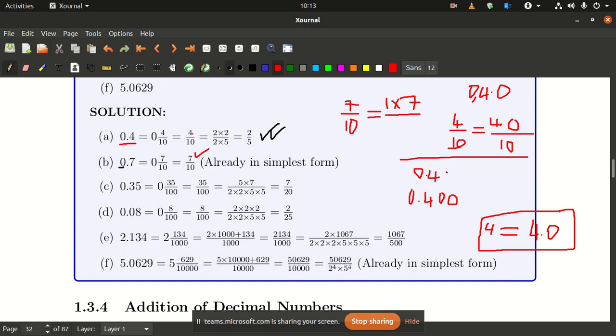And then, when you multiply by a 10, we have only 1 zero. Multiplication means you are moving the decimal point to the right. So 0.4 times 10 is the same as 4 or 4.0. That's what I want you to understand.